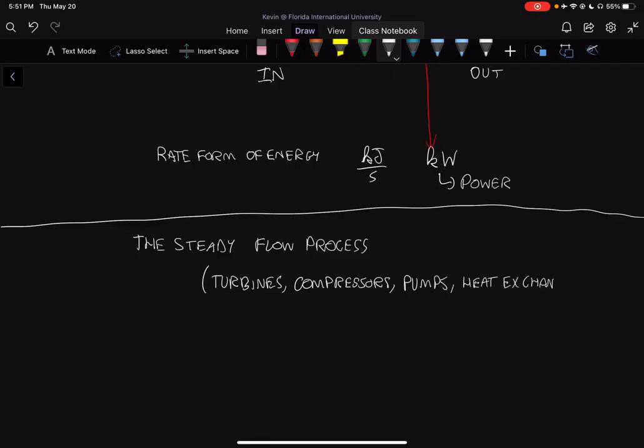And what that means is that once the systems are on and running, the turbine is going to get a steady flow of air or water going through it. It's not going to change, which means that a steady flow process means that we have energy overall does not change with time within the system.